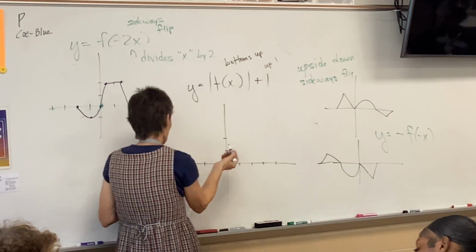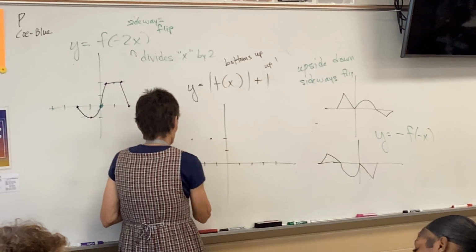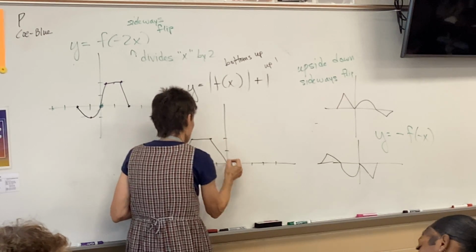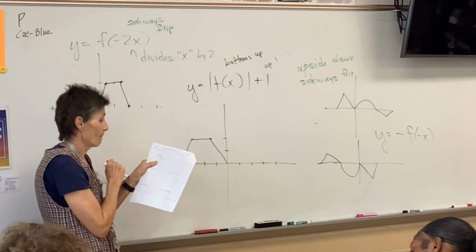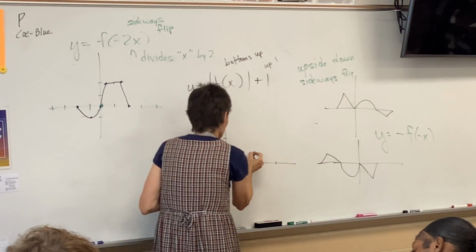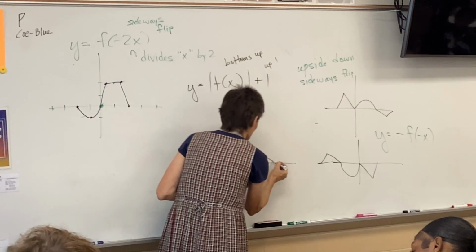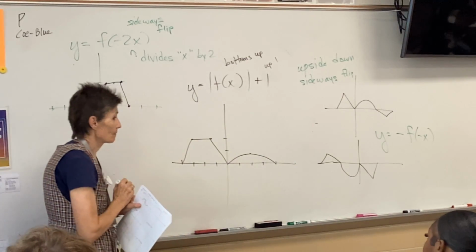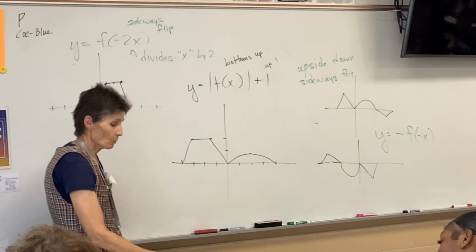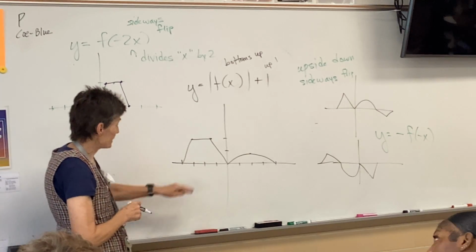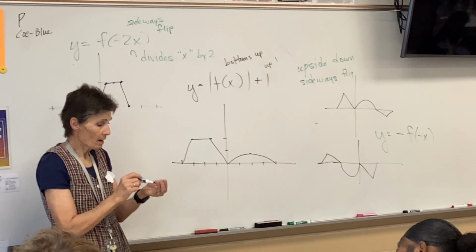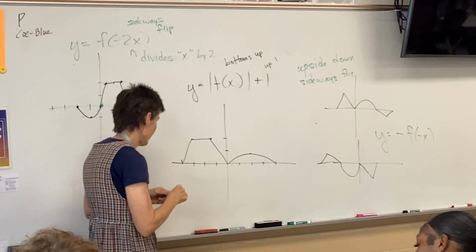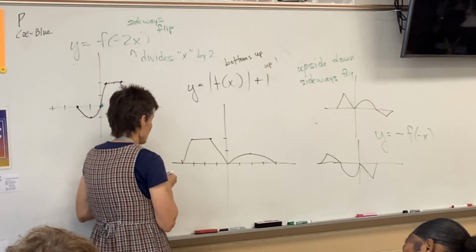So the trapezoid is just going to stay. I'm just replotting it exactly like it is on the original. But the little semicircle is going to come up. So would everybody agree that's bottoms up? Now I'm going to take every point and lift it up 1.